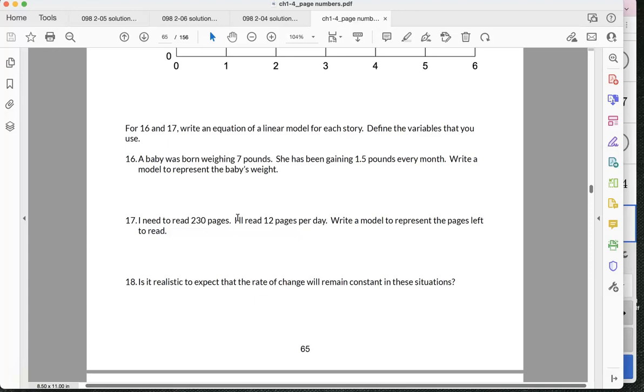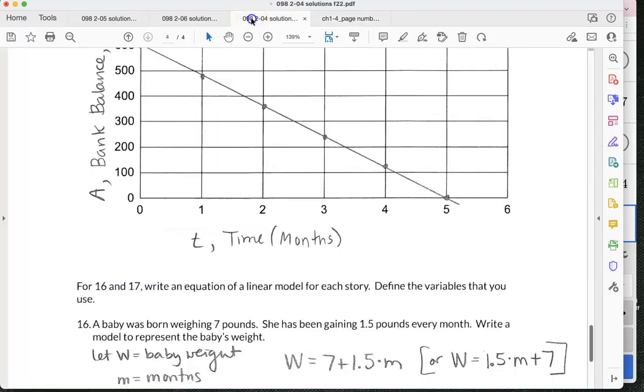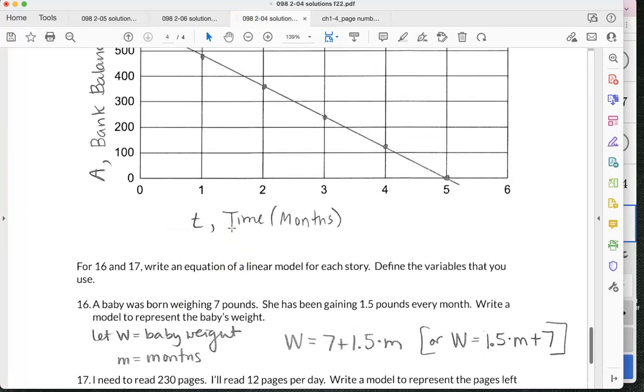One variable for time could be M for months, and maybe the other variable will be W for the baby's weight. Let's see what I came up with here. W equals baby weight, M equals months. There's my formula, 1.5 times M.